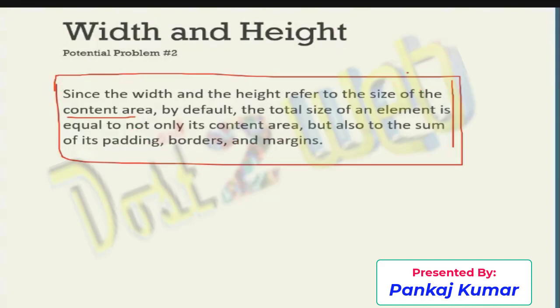When you are designing the page, definitely you are going to give some margin, some border size, and some padding also. So all this will be calculated, and then only is your actual content area size defined.